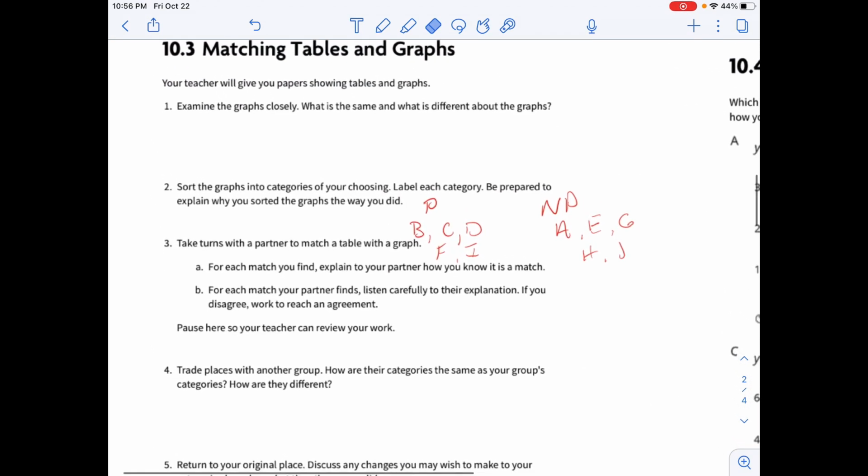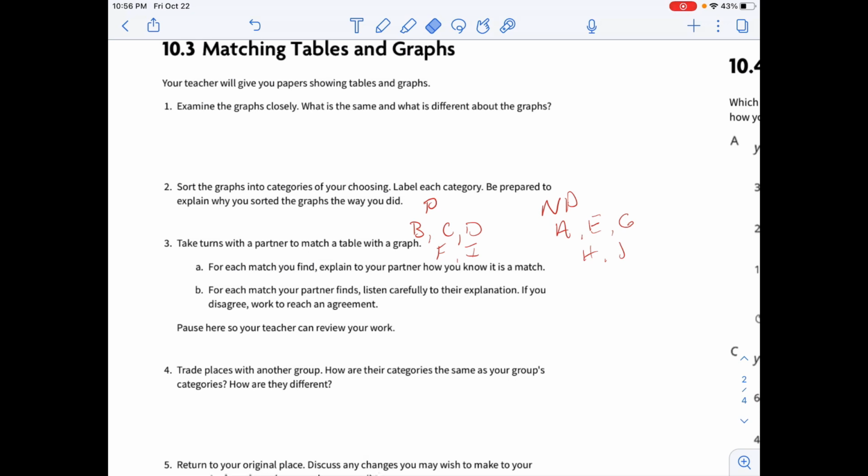Okay, and then here, number 2, it says sort the graphs into 2 categories. If you're choosing, label each one. So for me, I did proportional, non-proportional. So the ones that were proportional are going to be B, C, D, F, I. The ones that are not proportional, A, E, G, H, J. Okay, so these proportional ones are going to be straight lines and pass through the origin.